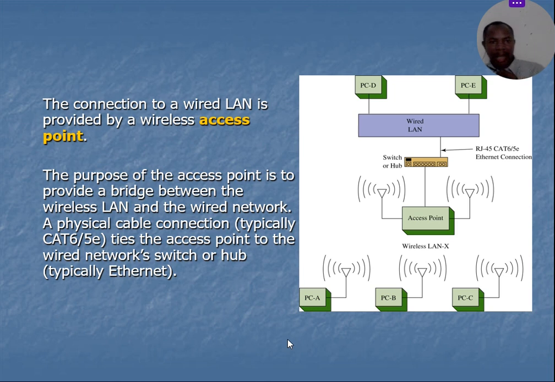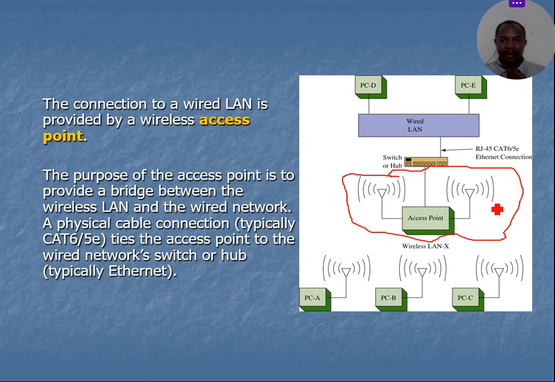Now, like I said earlier, the connection to a wired LAN, local area network, is only possible because of the introduction of what we call the access point. Without this access point, which is this one, we cannot connect the wireless LAN to a wired LAN.